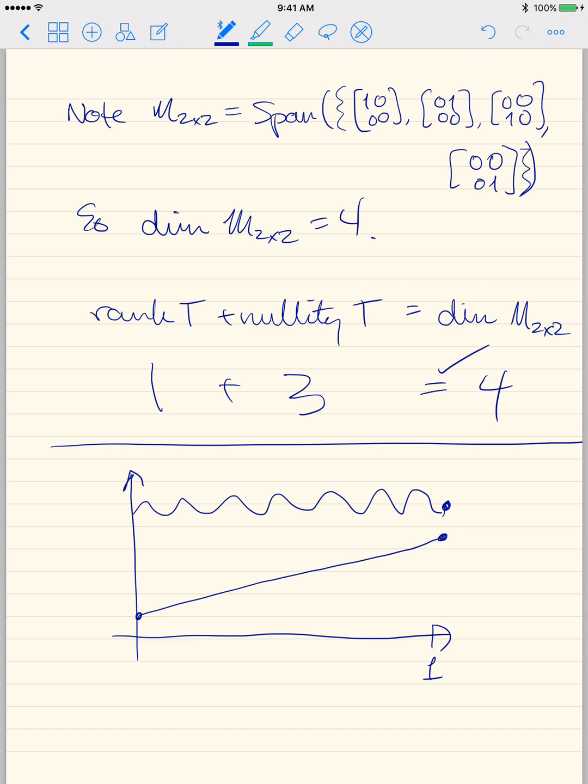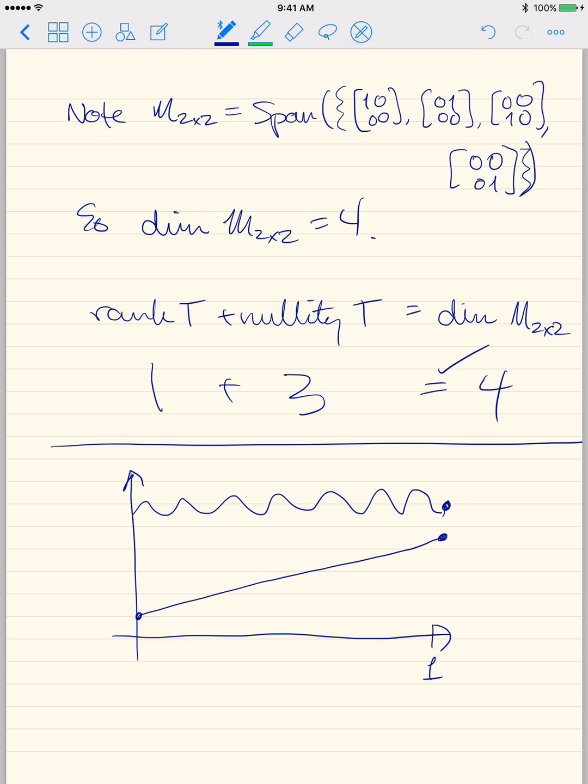So these two graphs I've drawn here are graphs of functions in C01. This is, in my opinion, how you should think about what vectors in C01 look like. A vector in R2 or R3 is just an arrow that points from the origin to some point, or if you want, you can just think of it as that point.